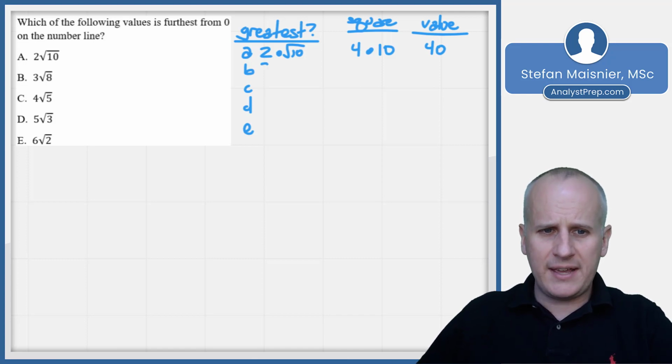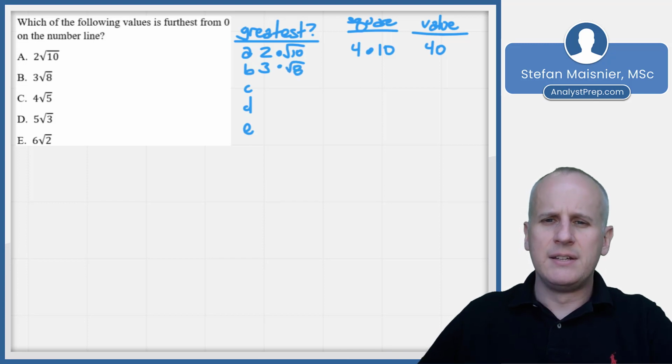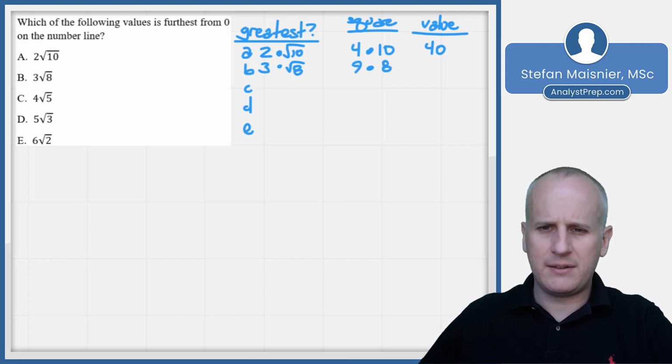So then the next one, we've got 3 times the square root of 8. So the square here is going to have to be 9 times 8. And of course, 9 times 8 is going to be 72. And that is well greater than choice A. So choice A is now out.